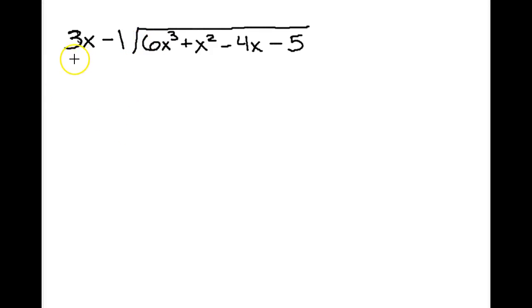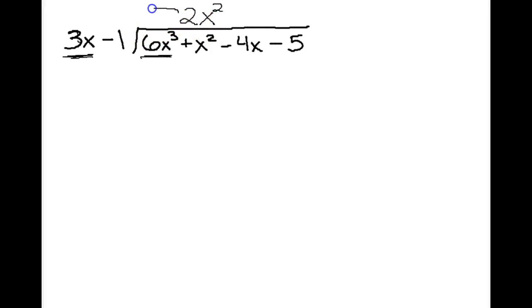And what we're always going to look at is this first value here. We need to think about what can we multiply 3x by to get 3x cubed. So 3 to get 3 we would multiply by 1, and then if we have 1x, we need x cubed, give us x squared.